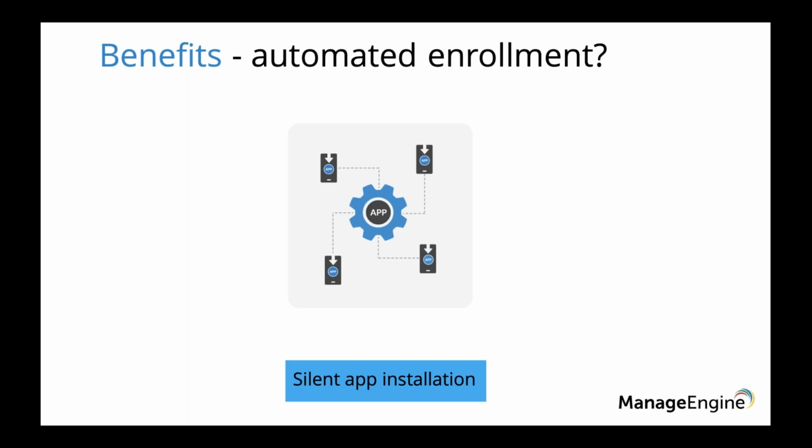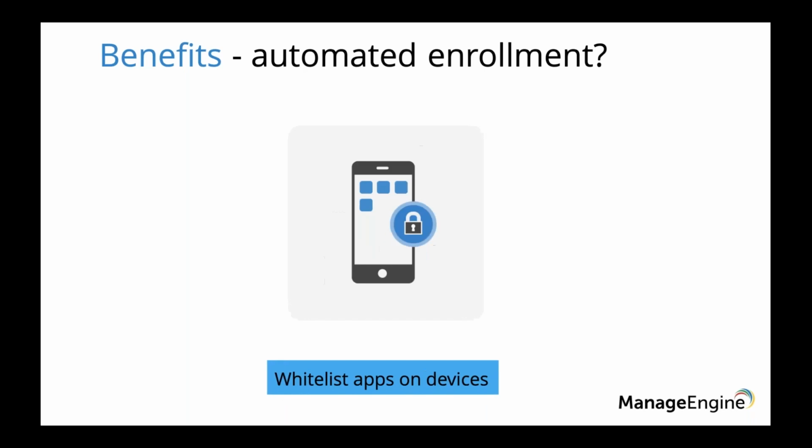Since it's a corporate device, you can silently install an application on the device without the end user's intervention. Number two would be you can whitelist certain applications on the device alone, which means all the other applications can be completely blacklisted or removed from the device. The device home screen itself would only hold the 3 or 4 applications that you have whitelisted.